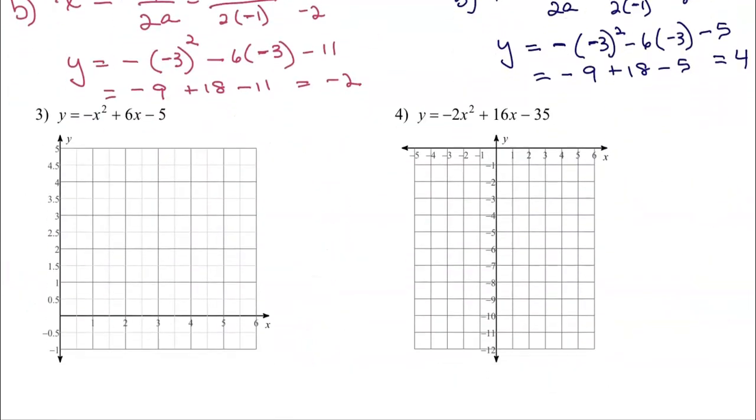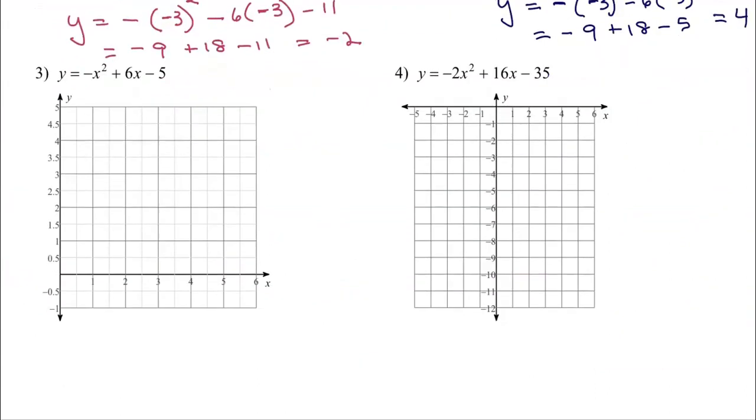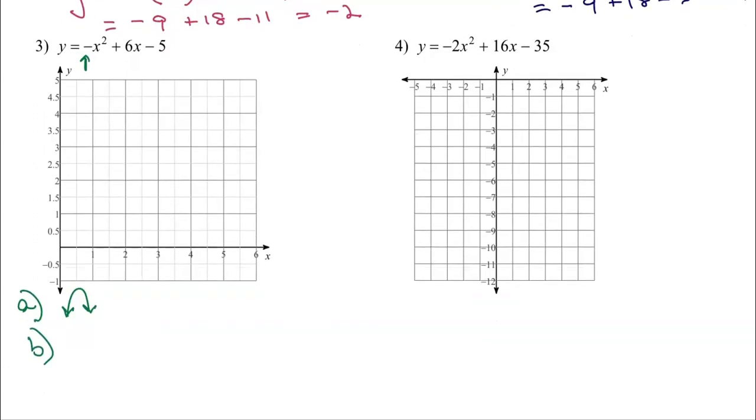Okay, let's do a couple more. So here's number 3. So this also has a negative leading coefficient. So my parabola is going to be facing down because that leading coefficient is negative. Get your b. Your x value equals negative b over 2a.